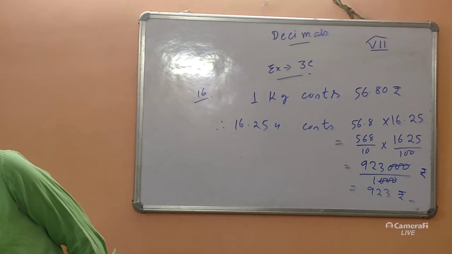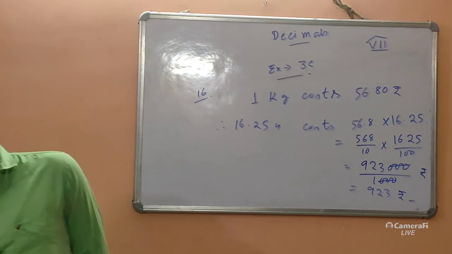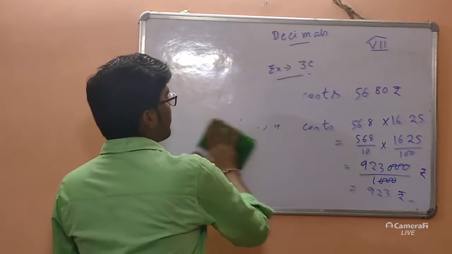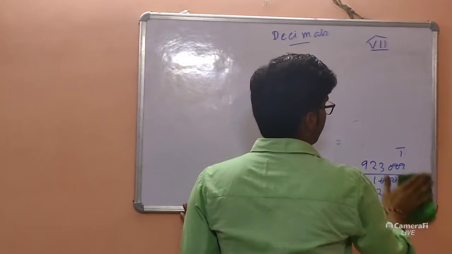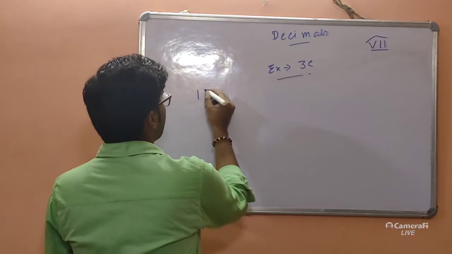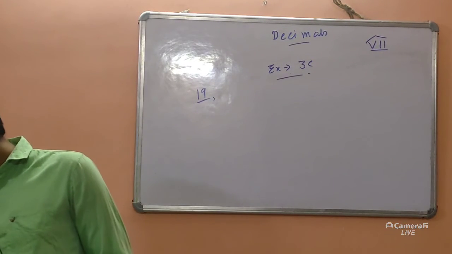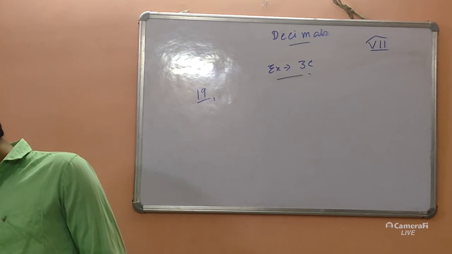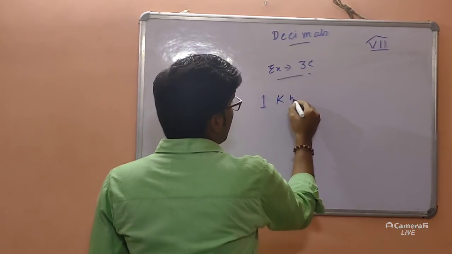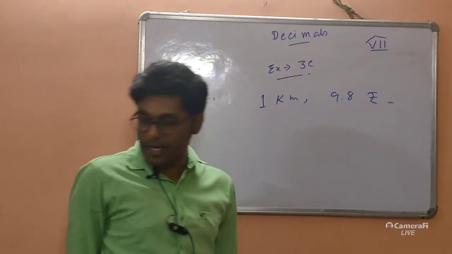Let us do our last one, question number 19. What do we have here? It says a taxi driver charges 9.80 per kilometer. So for 1 kilometer he charges 9.8 rupees, right?